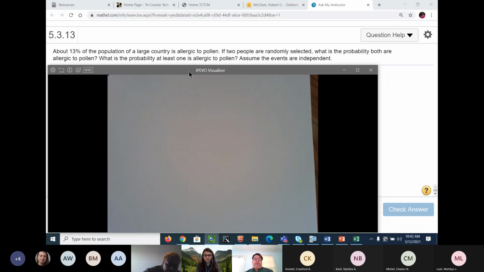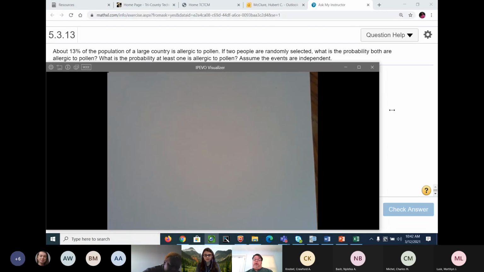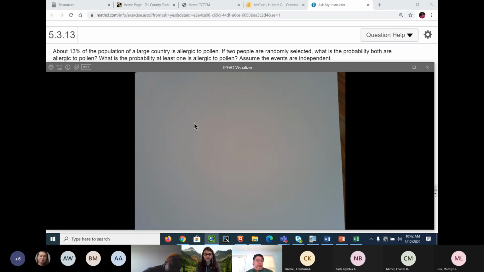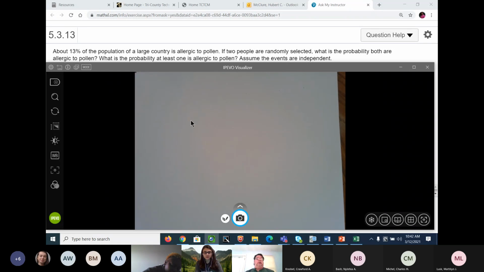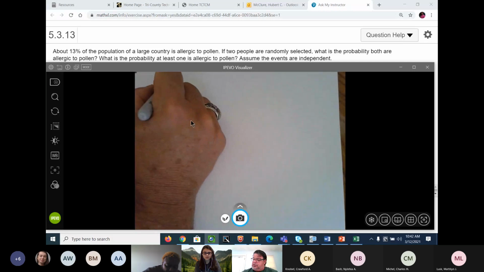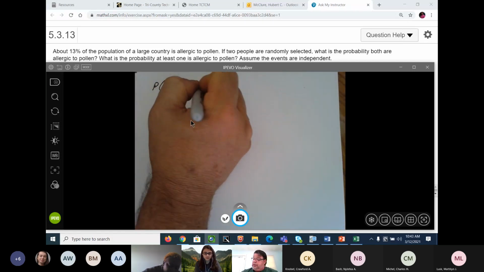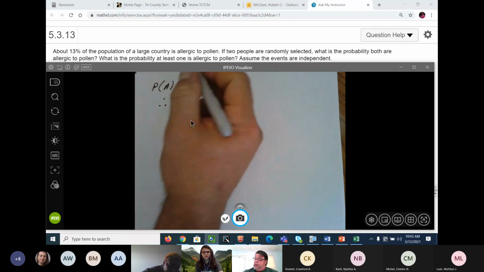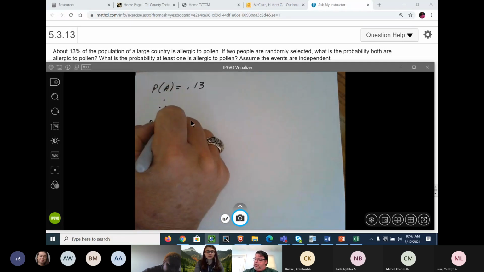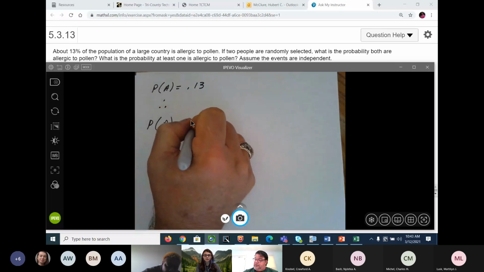And this is the way you should be thinking. When you write this question down, when you start working, this is what you should do. 13%, the probability of being allergic to something is equal to 0.13. Therefore, the probability of what is equal to 0.87.